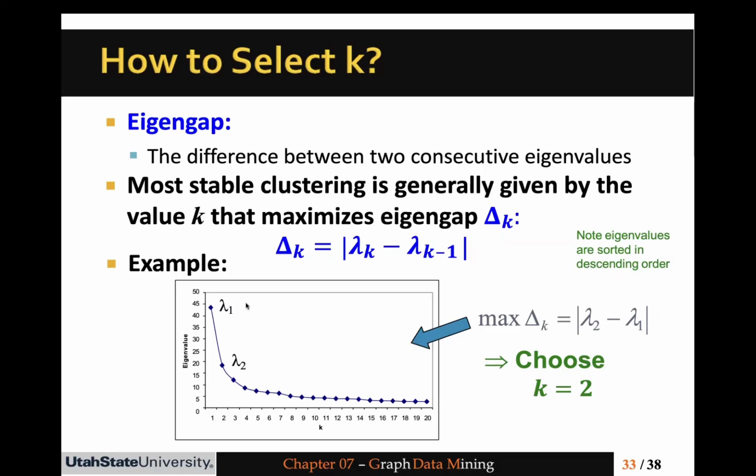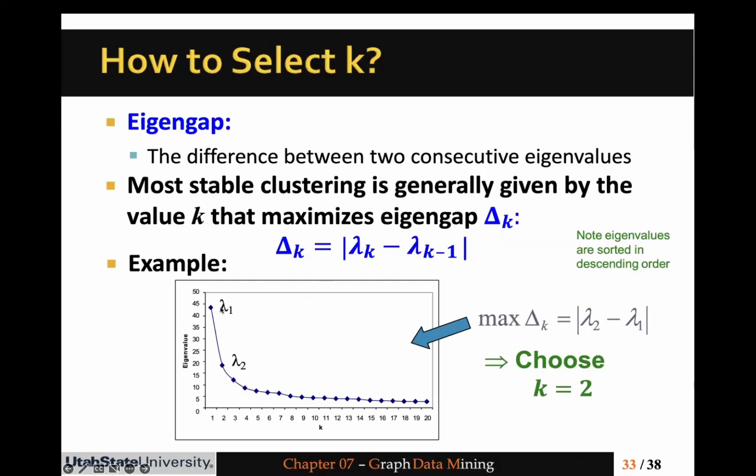If you look at the elbow method here, K is equal to 2 because the difference between lambda 1 and lambda 2 is the largest. The differences between lambda 2 and lambda 3, and lambda 3 and lambda 4 are definitely smaller.